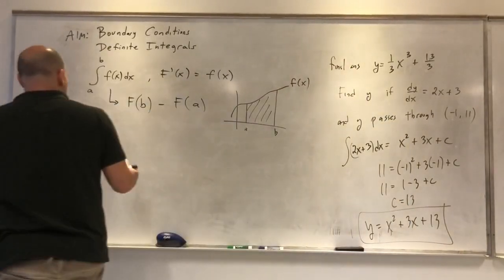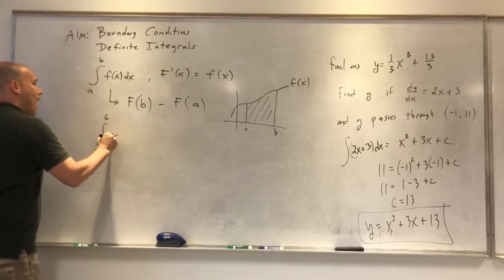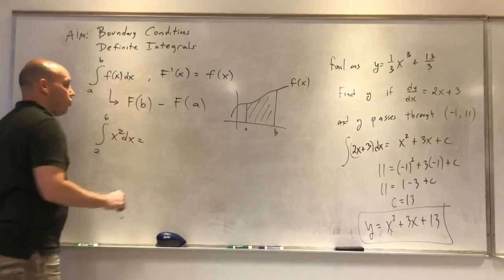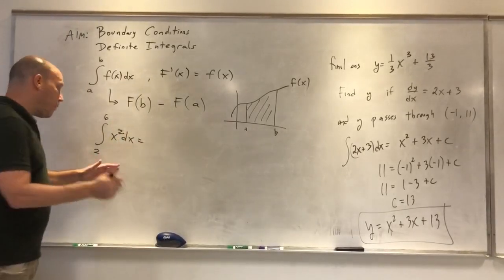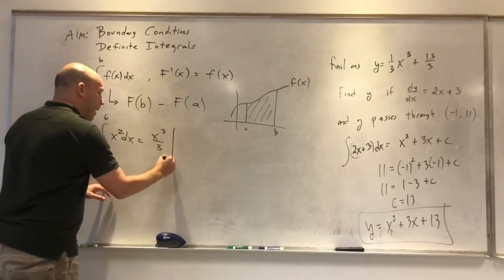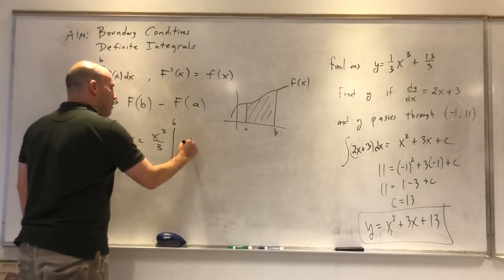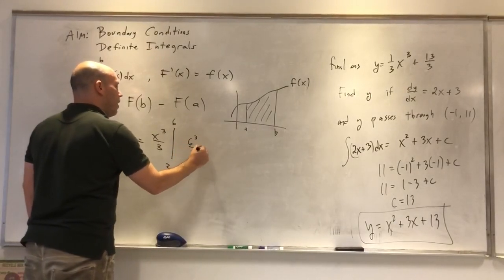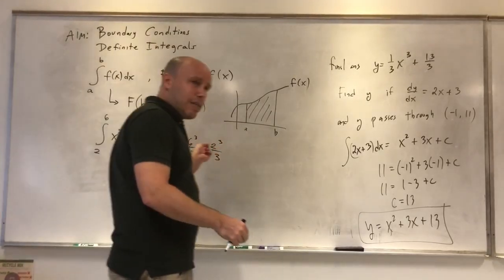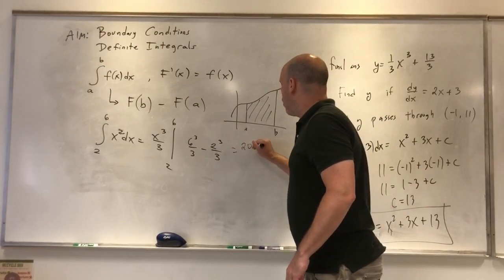So if I say, what is the integral from 2 to 6 of x squared dx, you say, okay, x cubed over 3, from 2 to 6: 6 cubed over 3 minus 2 cubed over 3, 216 minus 8 is 208 over 3.